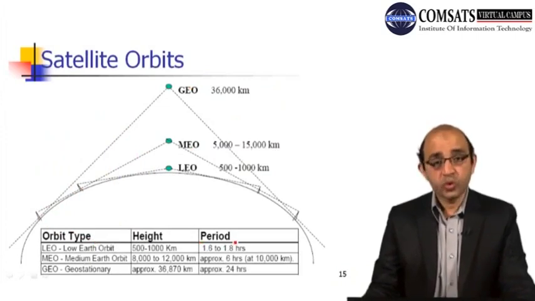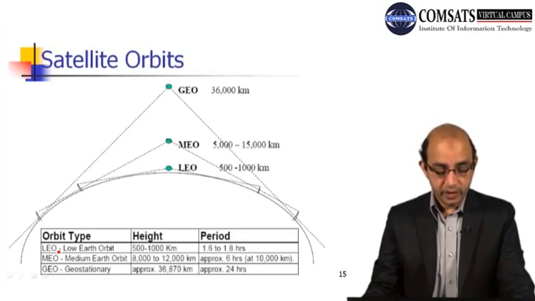So here we have one more extra bit of information, that is period. If we talk about the LEO orbit type, it can attain this height, and the period is 1.6 to 1.8 hours, the time it takes to complete one period.